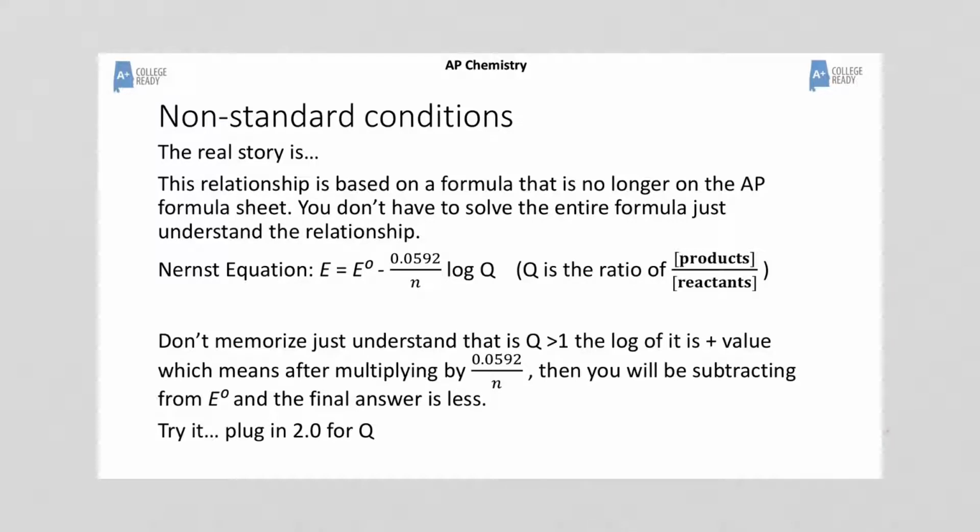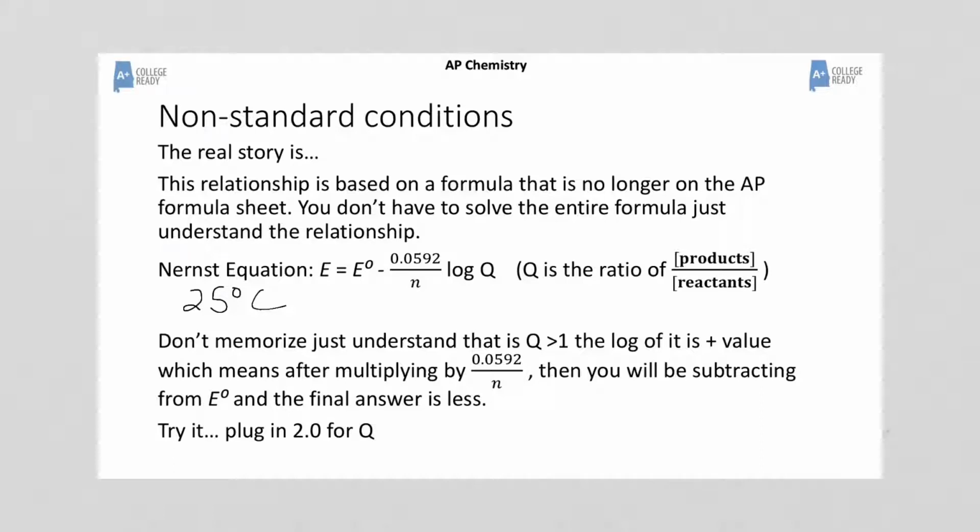This Nernst equation is valid for 25 degrees Celsius. There's another version with a few more variables, but at 25 degrees Celsius this version holds true, and it was the version on the previous formula sheet before they changed the exam.